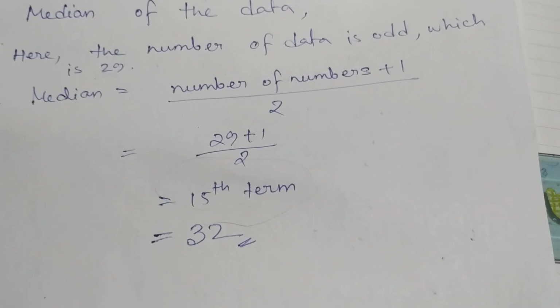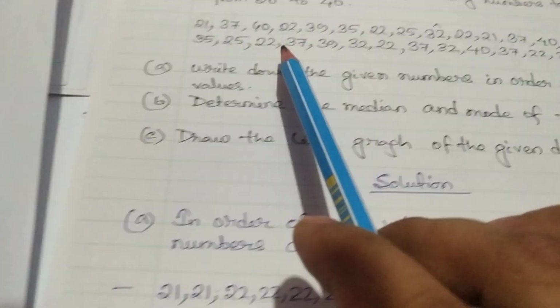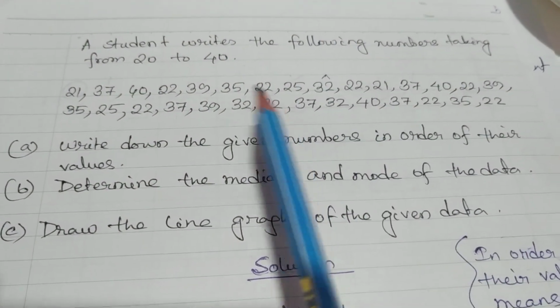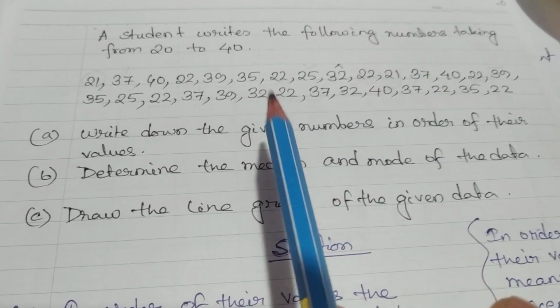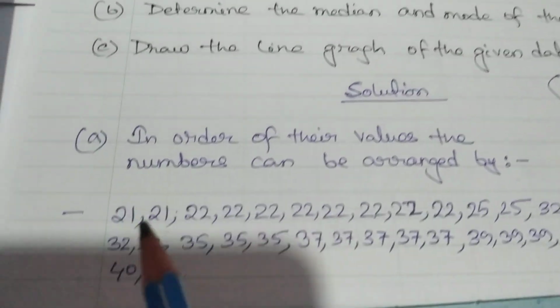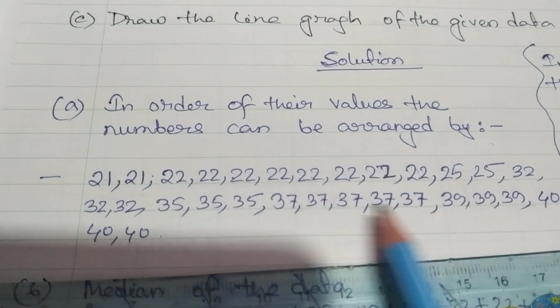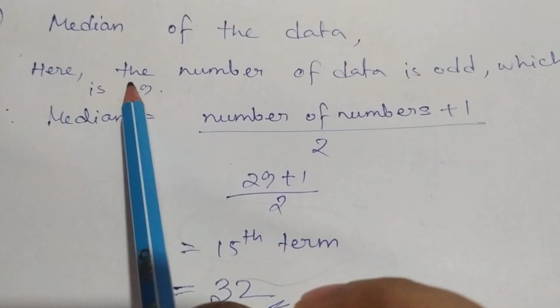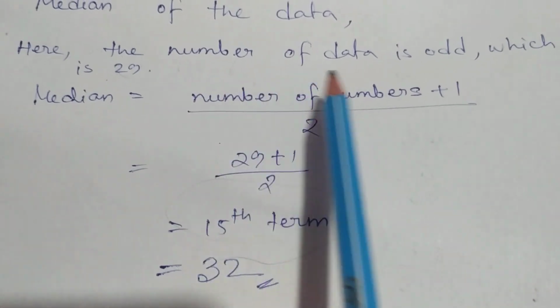So you need to understand that you just cannot find the median randomly from over here. First you need to arrange the data in ascending order. Once you arrange the data in ascending order, as I arranged over here, only then I will use this formula to find it out.